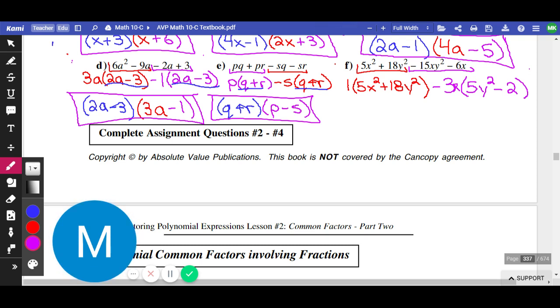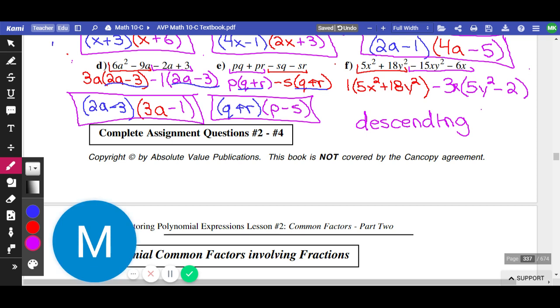The way it was set up is called descending powers. This is a term you're going to see. Descending means decreasing. Powers means exponent. Decreasing exponents.